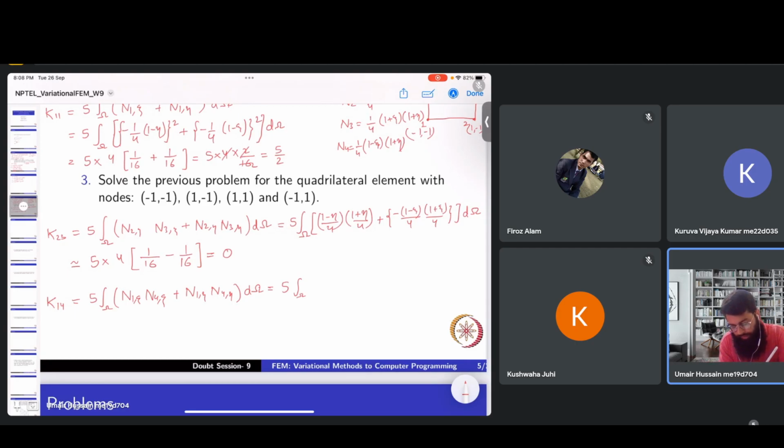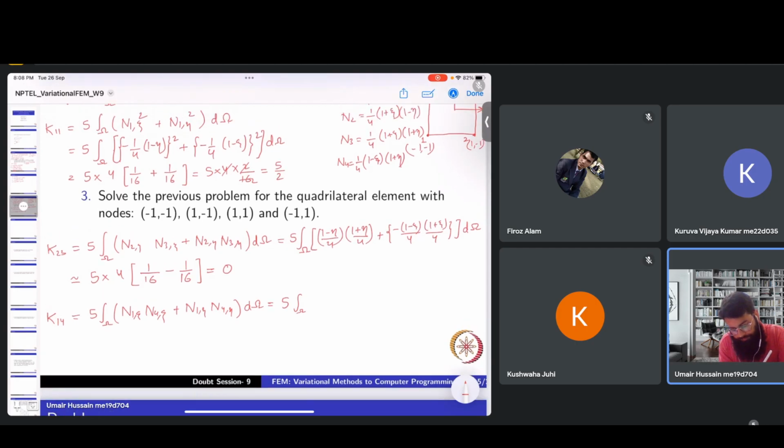Okay, so n1 comma xi we've already calculated before, minus 1 by 4 into 1 minus eta, and n4 comma xi is also minus 1 minus 1 minus 1 plus eta by 4.